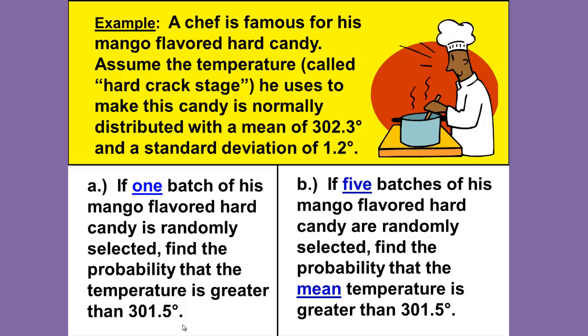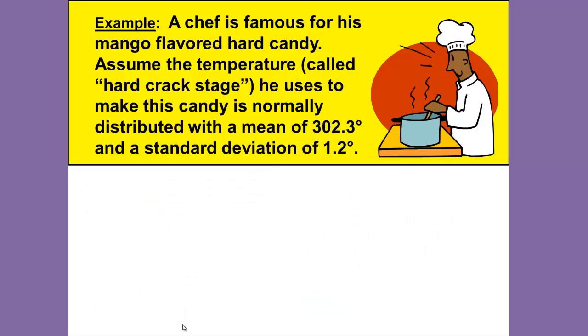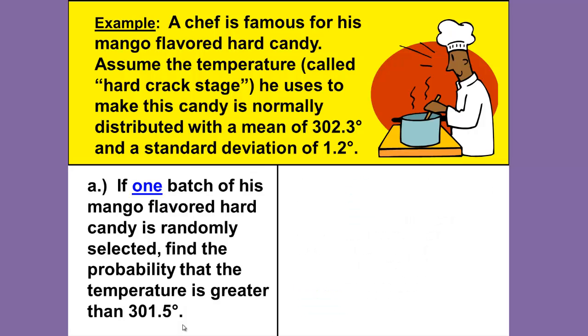In the B part, we're going to do the same process, except in this case, if 5 batches of his mango flavored hard candy are randomly selected, find the probability that the mean temperature is greater than 301.5 degrees. So let's concentrate on the A part first, looking at one batch.